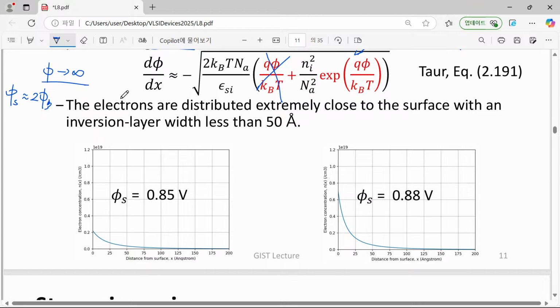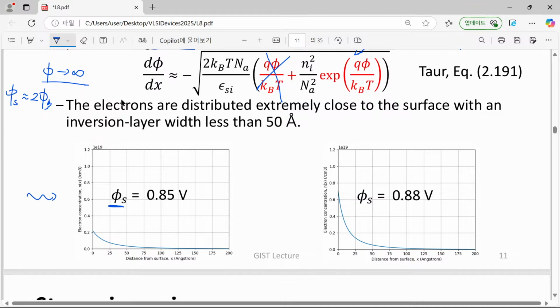Once again, don't be fooled by this term, potential pinning. Pinning doesn't mean that it doesn't change at all. It can increase, but its increase is quite slow.